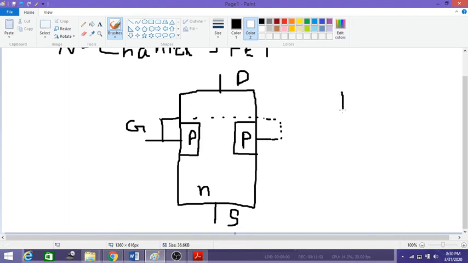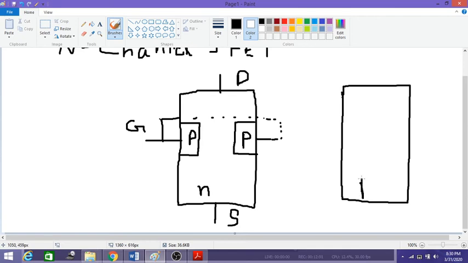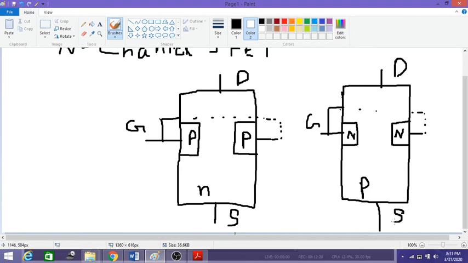So if I want to construct a p channel JFET, then I have to take a p substrate as the base. So now the base is of p type, and on p type I have to diffuse two n type materials. So now this is your n on both sides, which is diffused on the p substrate, and these two leads are shorted together, and we call this the gate, and this is drain, and this is source.